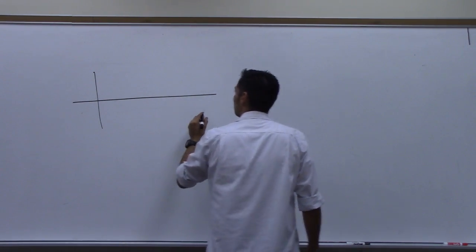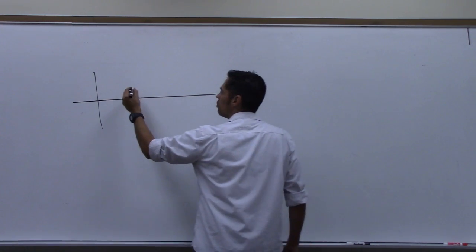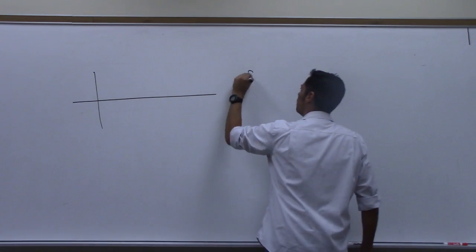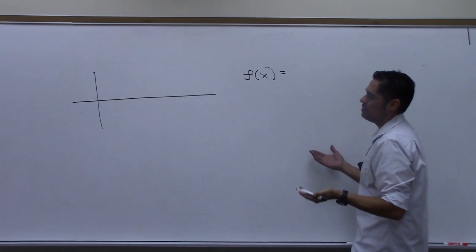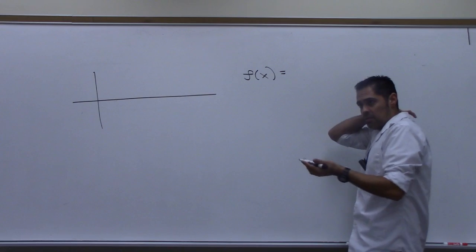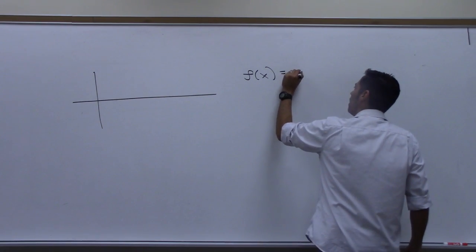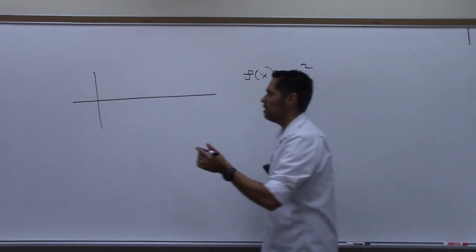Okay, so let's just say we have a function. There are all sorts of functions that you haven't even seen yet. That's pre-cal. You'll do trig functions. Let's just take x squared, which hopefully everyone kind of knows what that looks like.